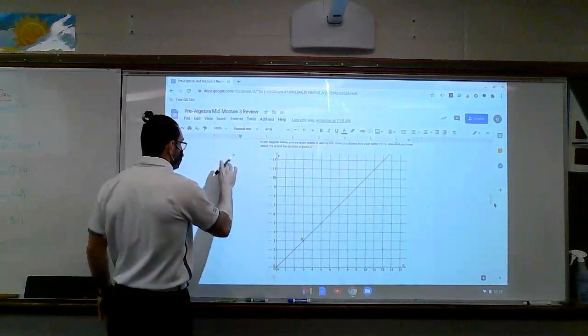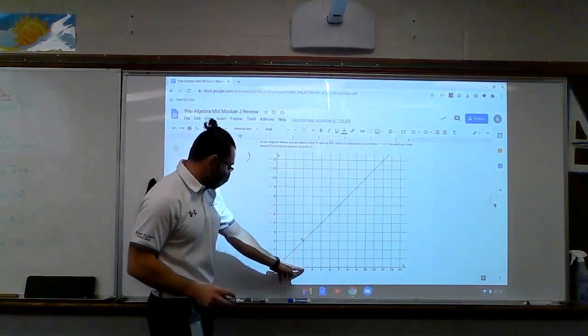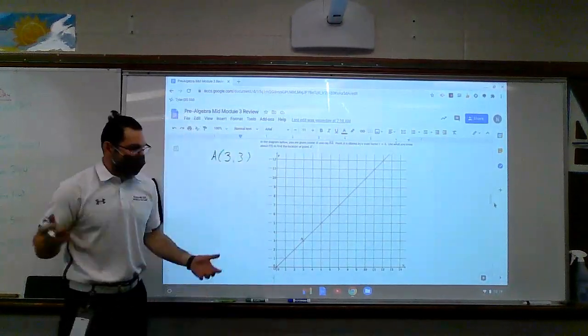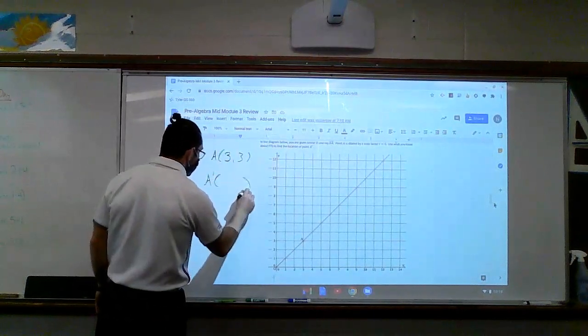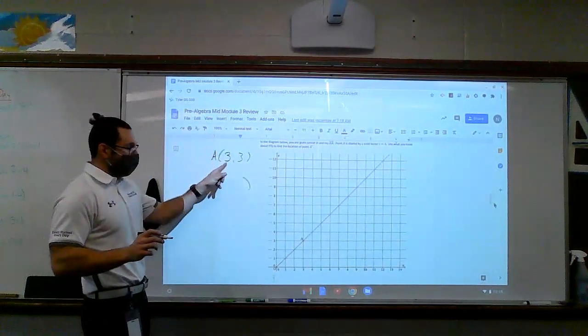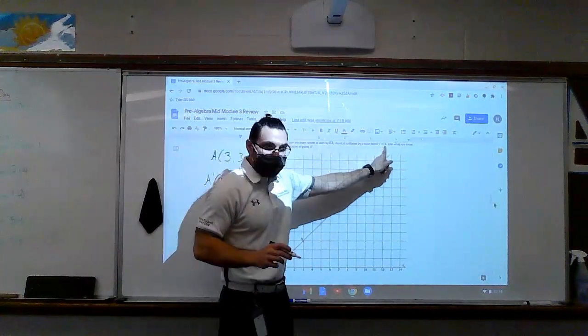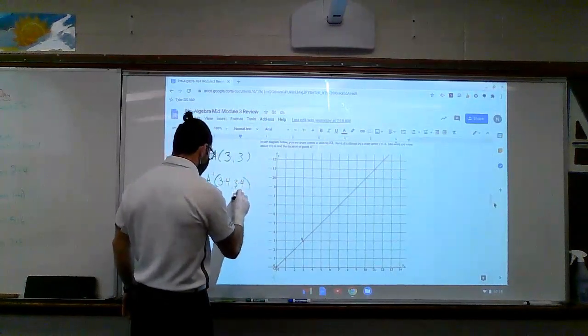I don't know construction. A is at x of 3, y of 3. So we've got 3, 3. To find A prime, we take the pre-image and we multiply it by the scale factor, and we do that for the y as well.